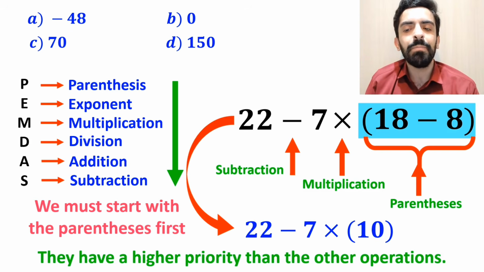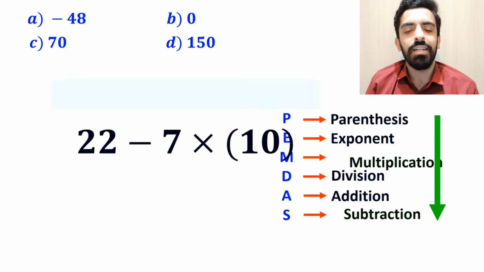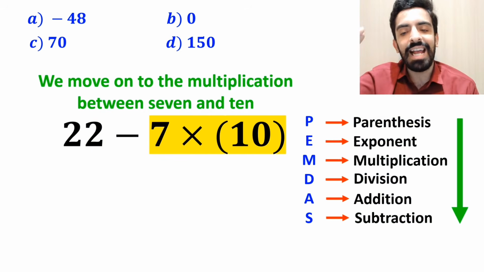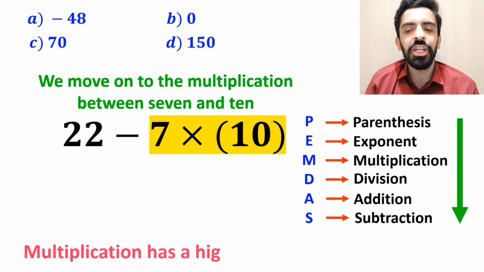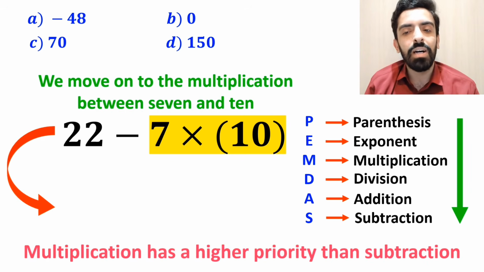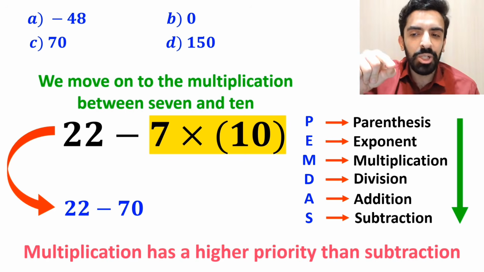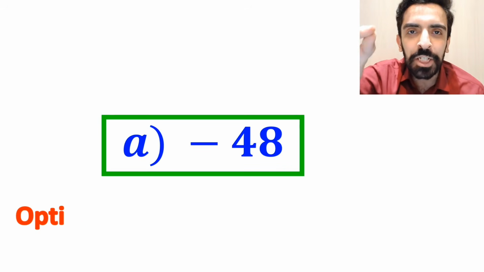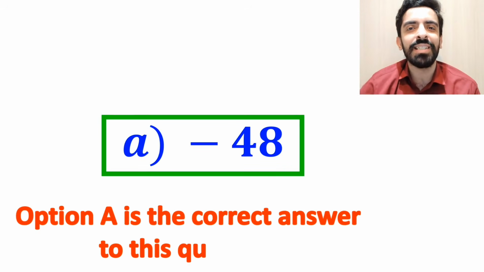So, we can write this expression as 22 minus 7 multiplied by 10. And the next step, we move on to the multiplication between 7 and 10 because multiplication has a higher priority than subtraction. So, we rewrite this expression as 22 minus 70, which finally gives us the answer negative 48. Therefore, option A is the correct answer to this question.